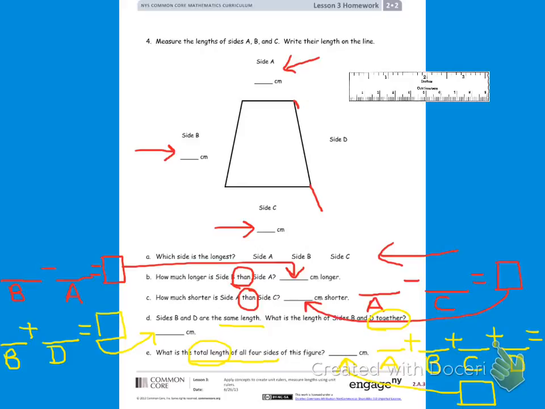Doing this will help your teacher know that you understand the value of each of those lines and you know the reason that you're using those particular numbers to answer the questions on this worksheet.